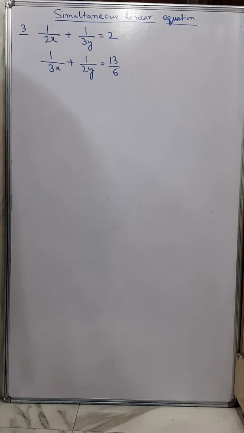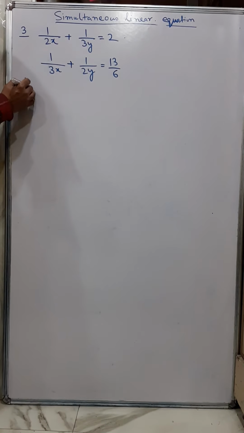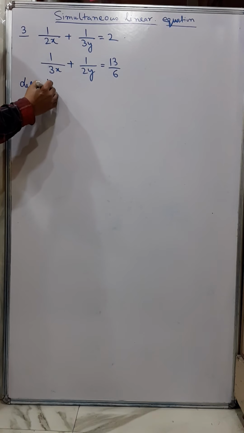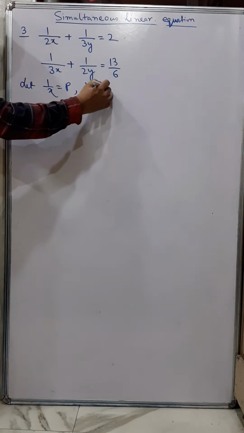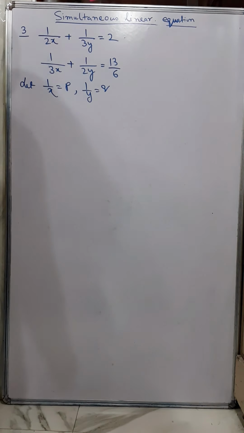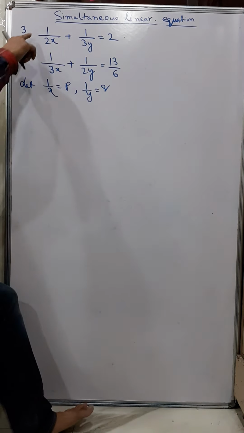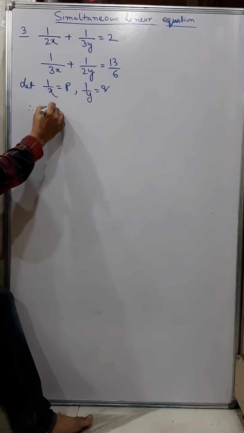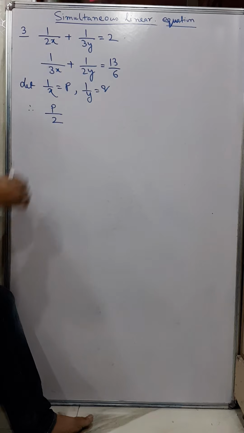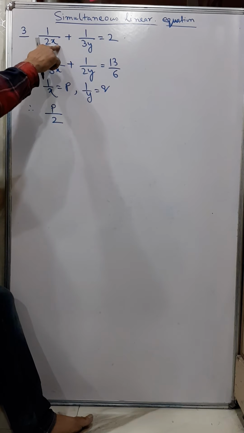Okay, another similar sum. Here also we can take, let 1 by x equals p, 1 by y equals q. So what we get, the first one, 1 by x as p means the first equation becomes p by 2, right? Because this is 1 by 2x.